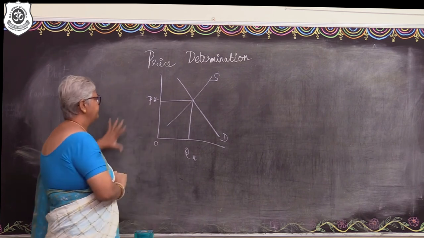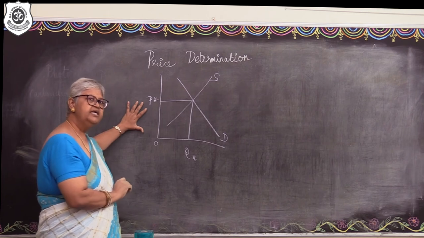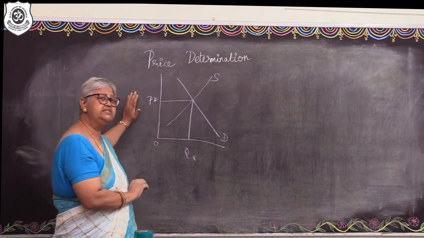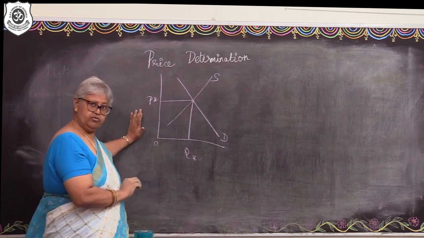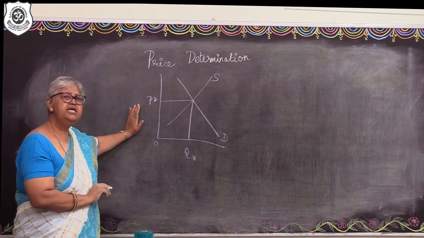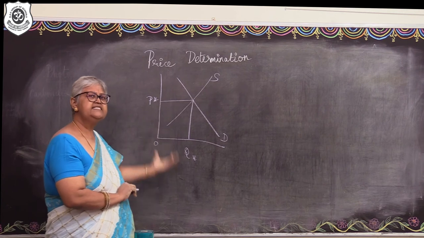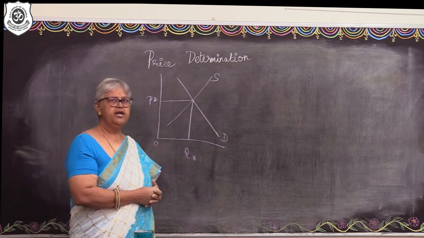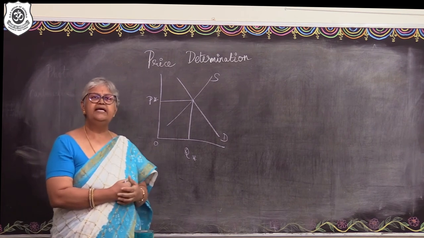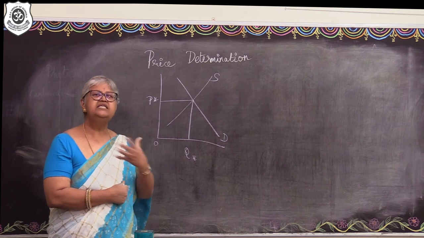And this market price, OP star, let's say that is a very high price, fine. The price is so high that many consumers will not be able to get this product at this price and enjoy the product.